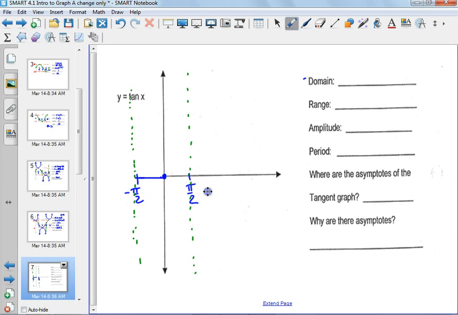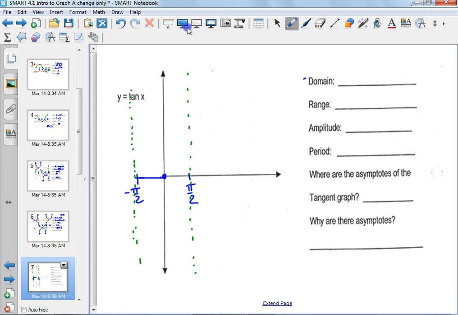Does anyone have their unit circle handy? At pi over 2, that's 90 degrees, by the way. What is the tangent at pi over 2? Sine divided by cosine: 1 divided by 0. It's undefined. Does it surprise you now to know that there's a vertical asymptote at 90 degrees, or pi over 2?